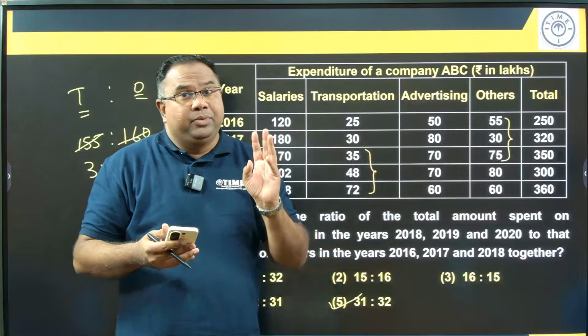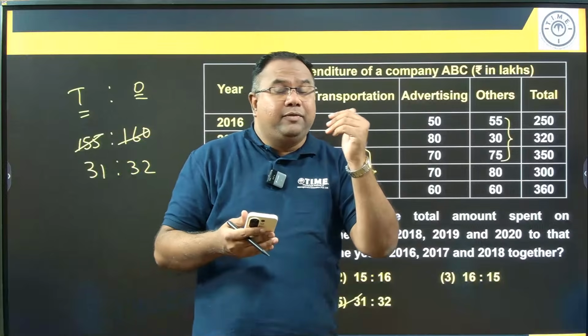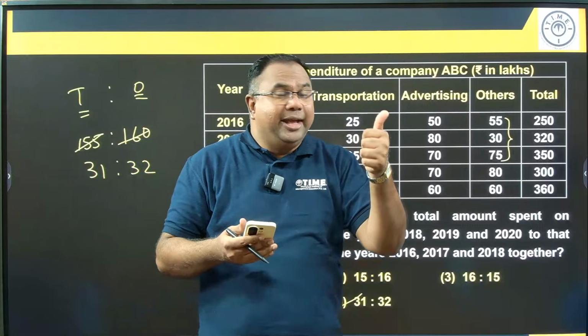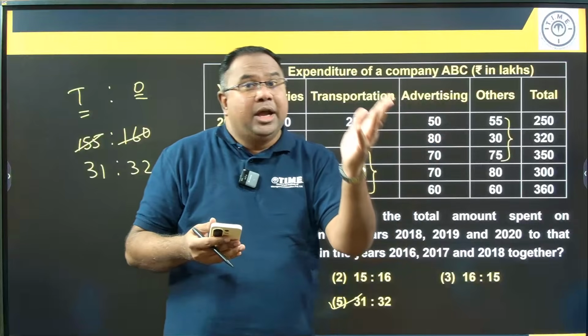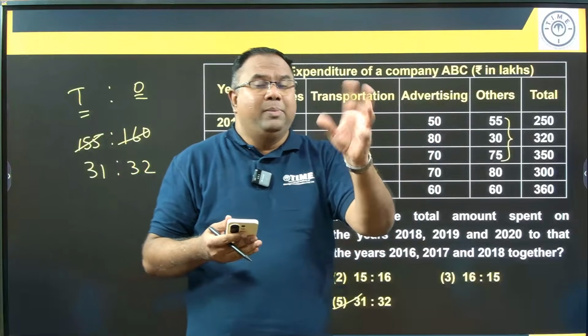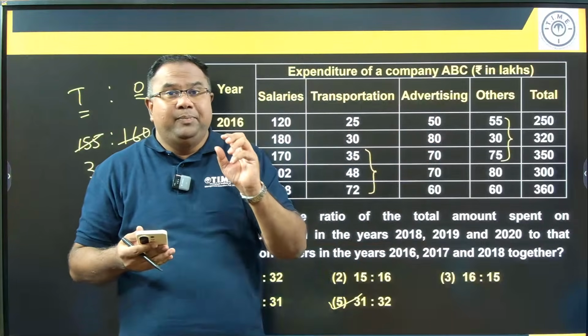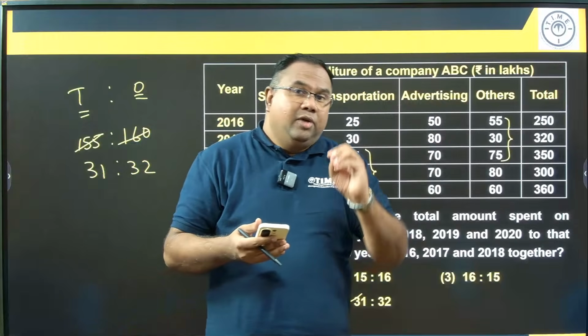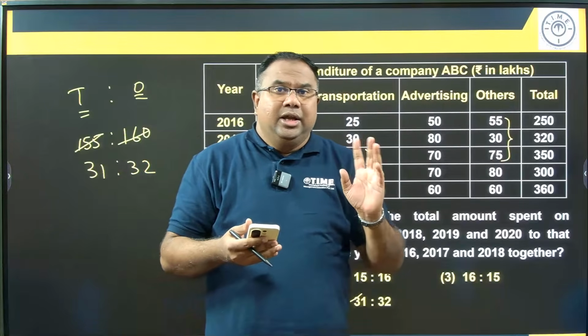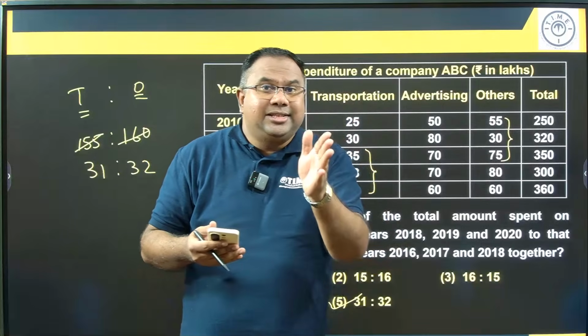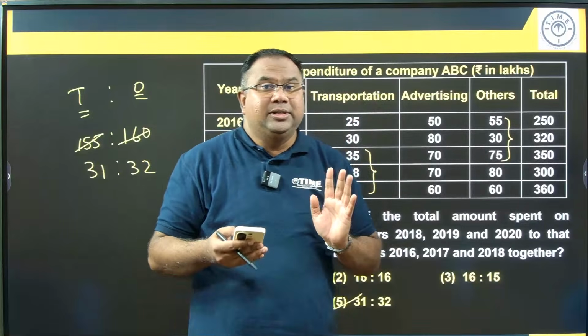Comfortably. What are the types of DI charts you get? You'll get tables, bar graphs, line graphs, pie charts, and combinations, table plus bar, line plus table, and you also get caselets. One point of caution we always keep suggesting to students: attempt caselet towards the end if time permits.